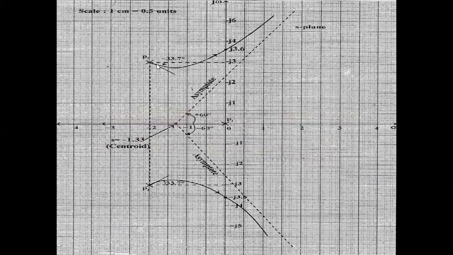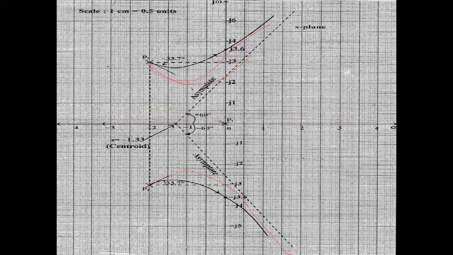So that means the root locus branch starts at this point in the downward direction, and along this straight line asymptote it reaches infinity. Similarly, here plus 33 along this, and again it moves to infinity along this straight line asymptote. So that is one root locus branch.